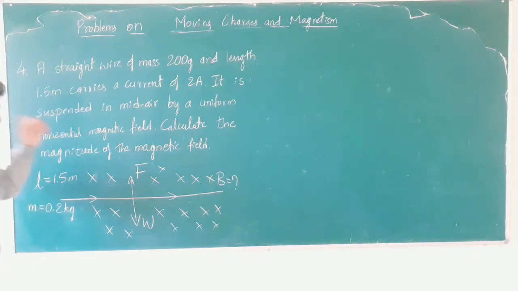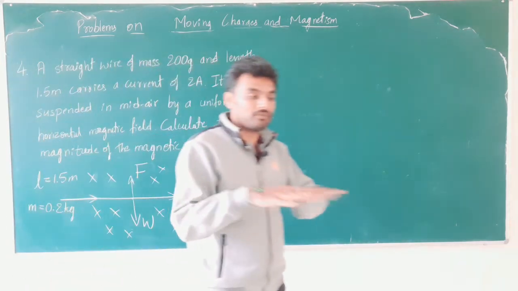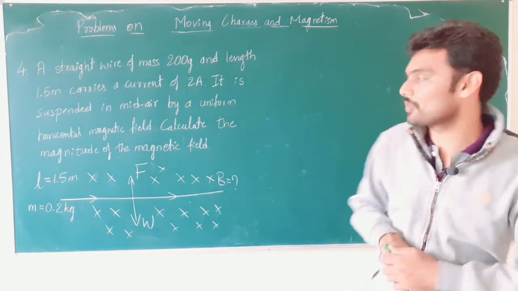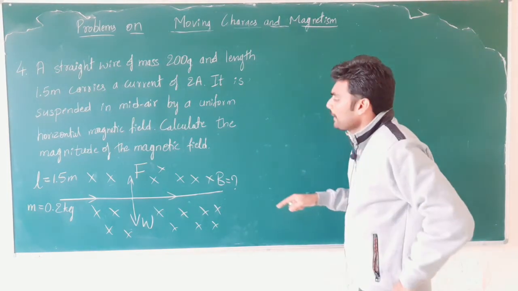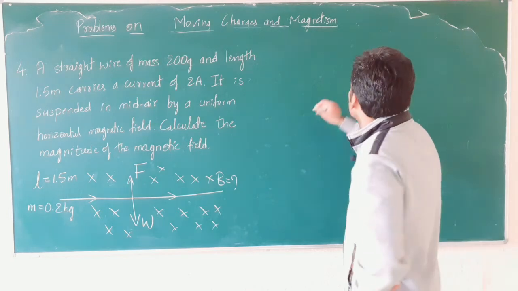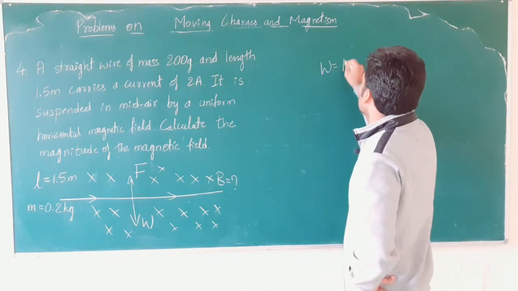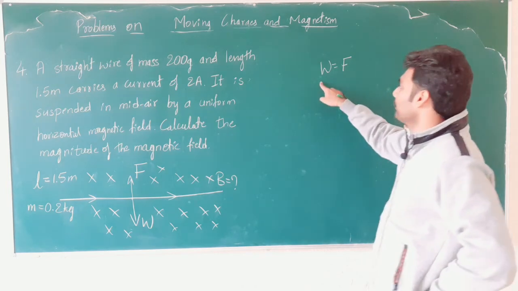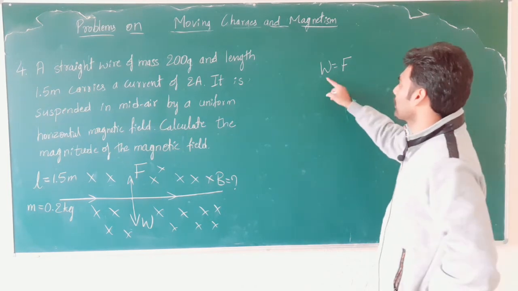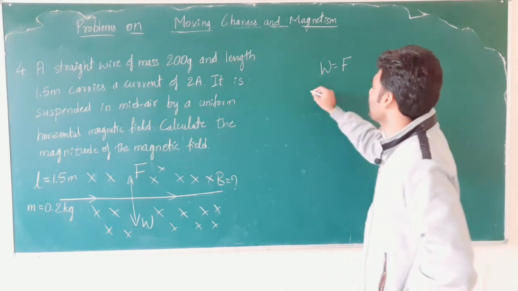Now, considering the condition of freely suspended situation, here weight should be balanced by magnetic force, right? W, weight of the object, should be balanced by the magnetic force. Weight of the wire is mg.